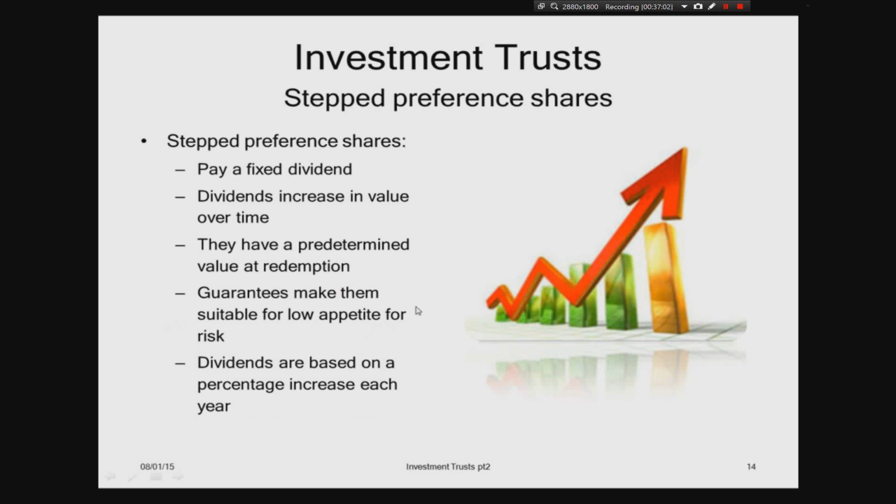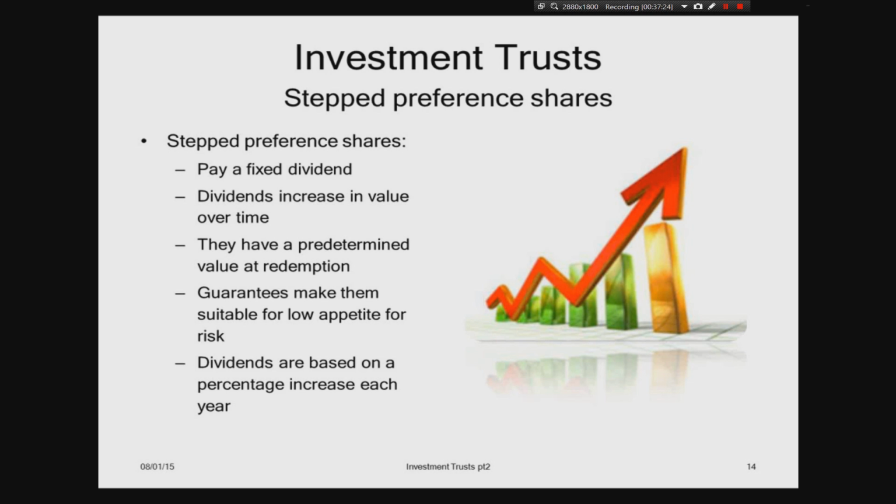Just a mention of stepped preference shares and zero dividend preference shares. A stepped preference share is a type of preference share with a twist. They pay a fixed dividend which increases in value over time, assuming of course the profits are made.